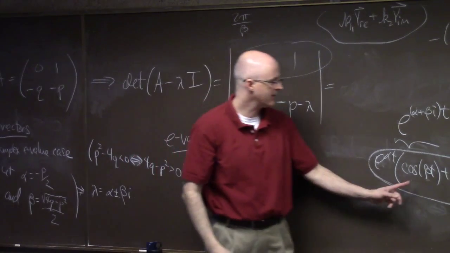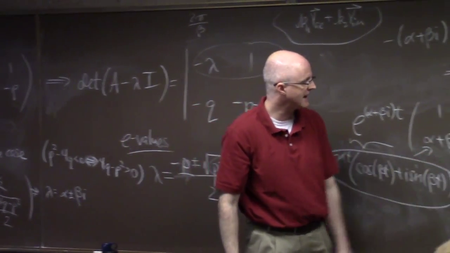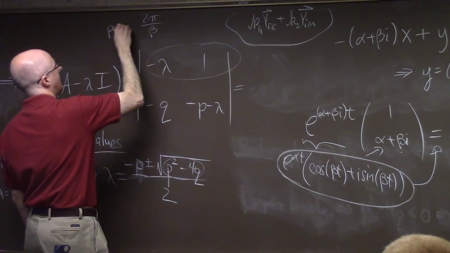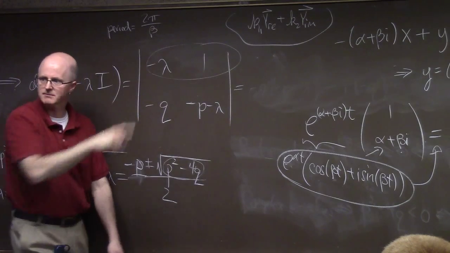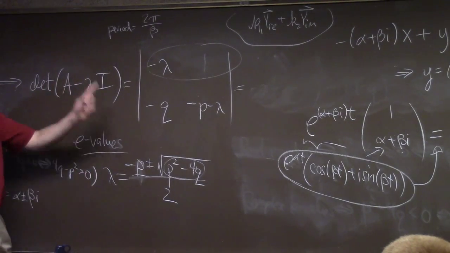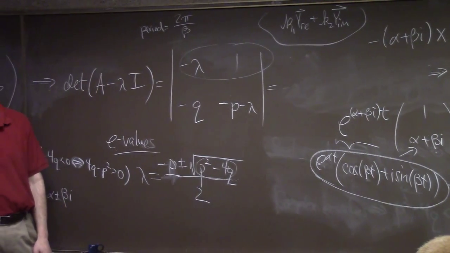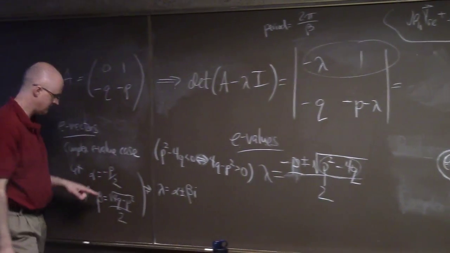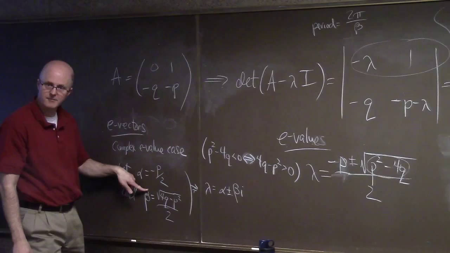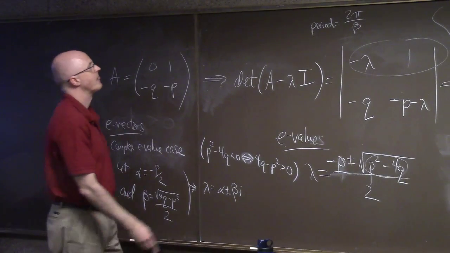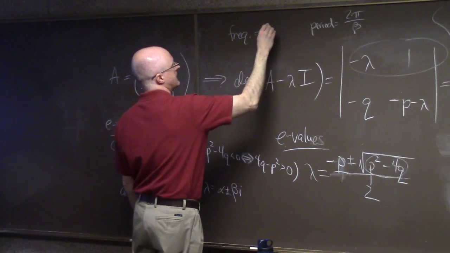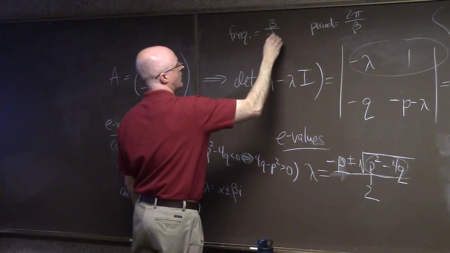But as far as their periodic part involving the cosine and the sine, the period of the oscillation, the horizontal distance between peaks, is 2 pi over beta. That's what beta affects. Beta again being this, which is a positive number here. And the frequency is 1 over the period, the reciprocal, beta over 2 pi.